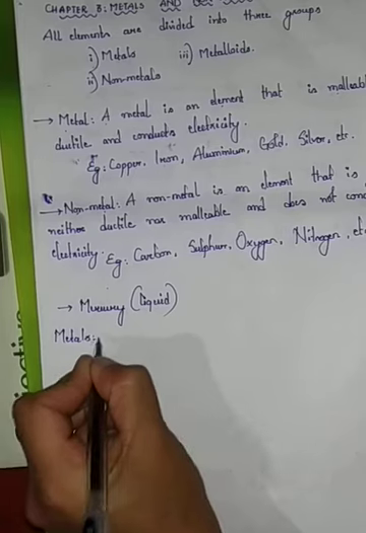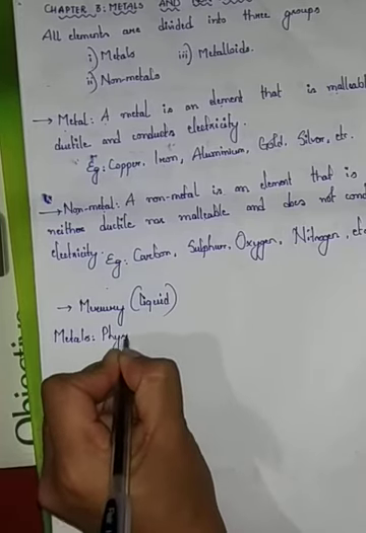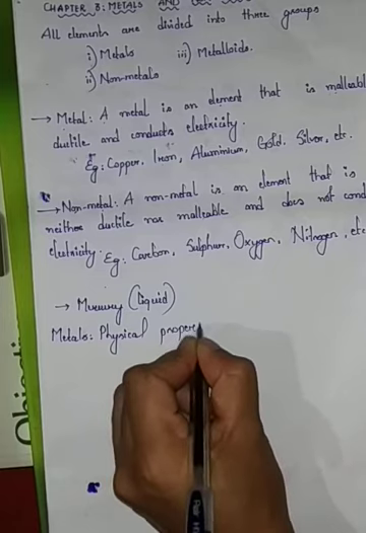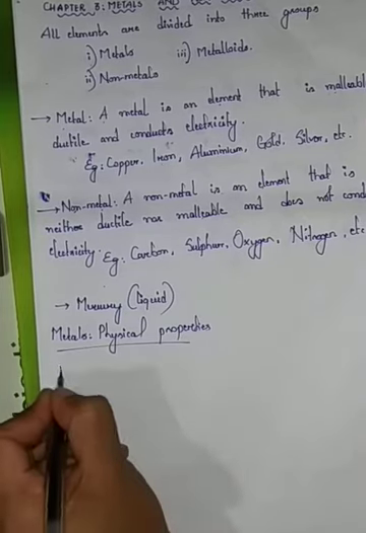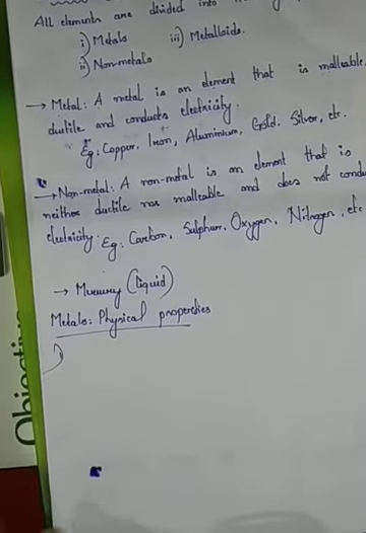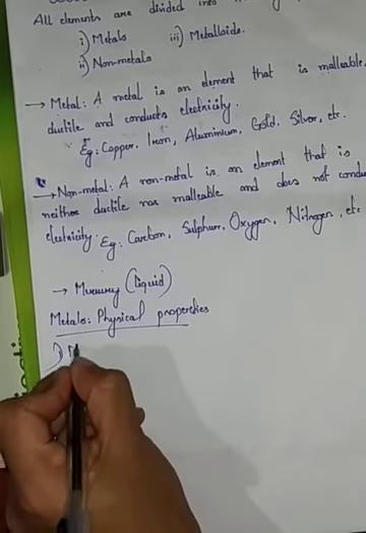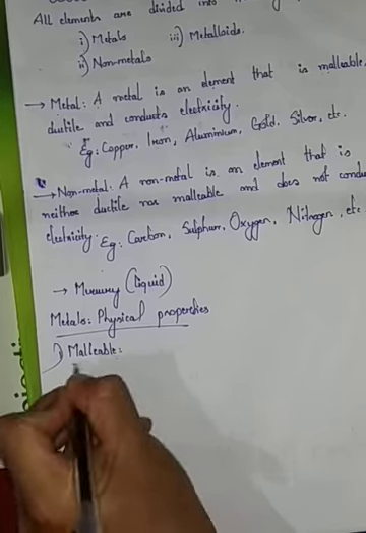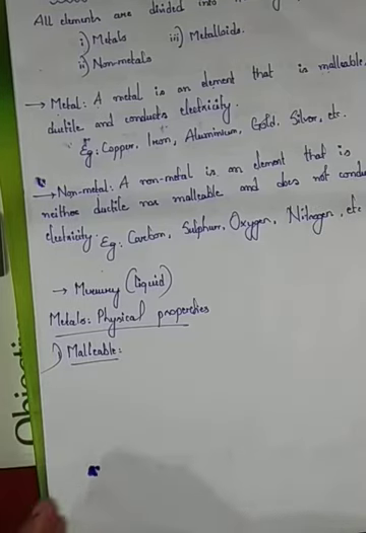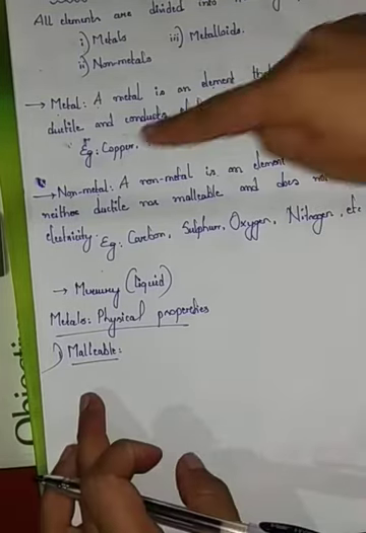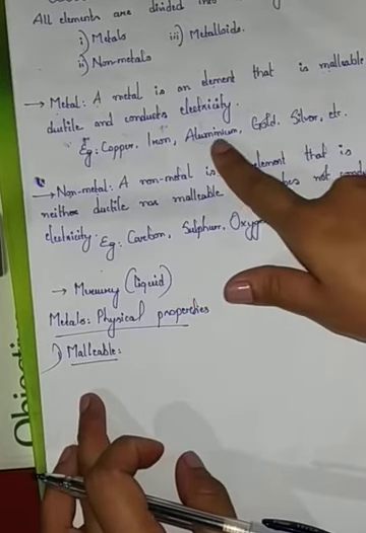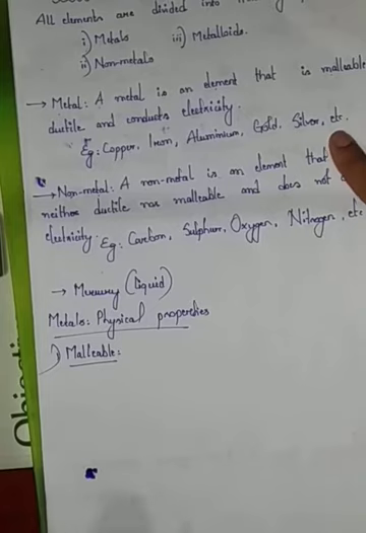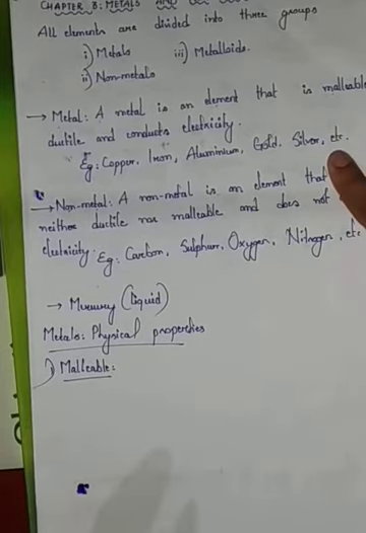The physical properties of metals. Number one, what is the first thing? Metals are malleable. This means that all of these metals, we have copper, iron, aluminium, gold, silver, chromium also, sodium also, potassium also, nickel also, cobalt also.